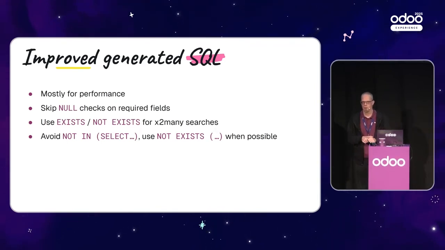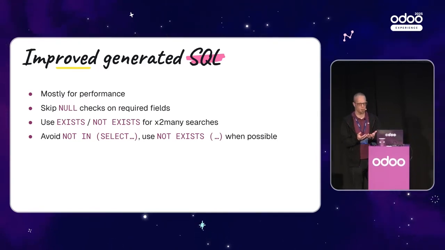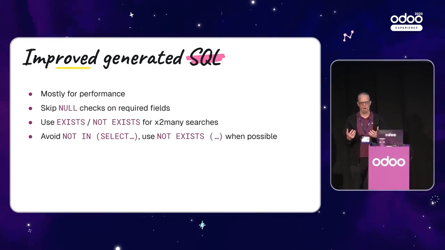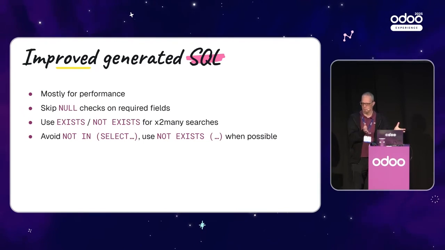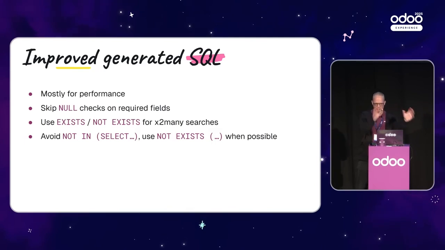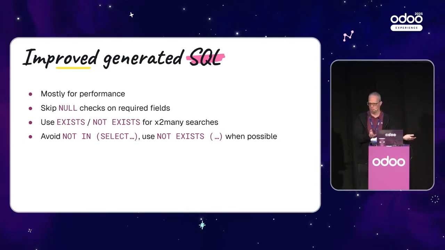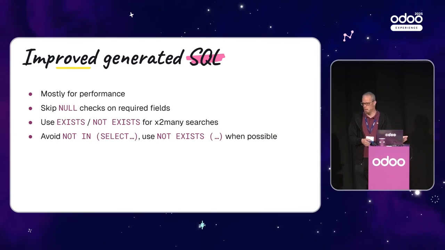One of the things we've noticed, for instance, is that when you have a subselect and a condition like that field not in, and then you have a subselect, Postgres is usually very bad at implementing that.